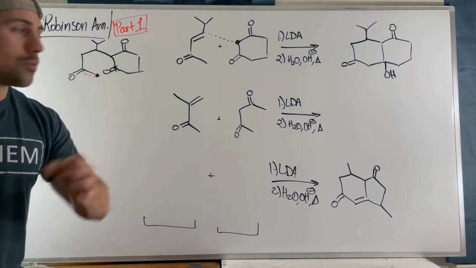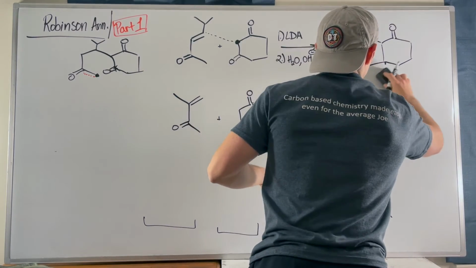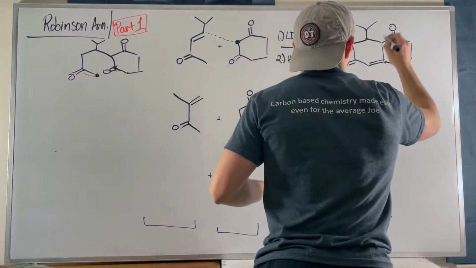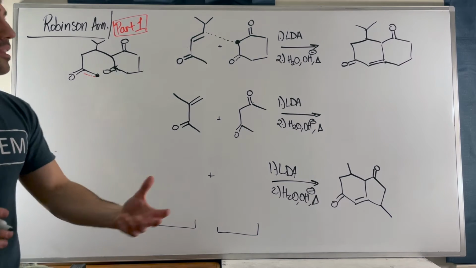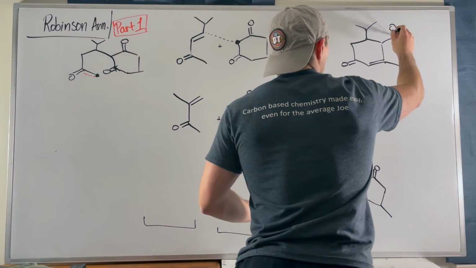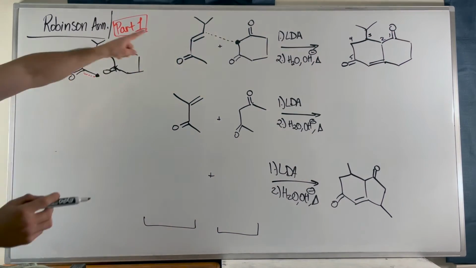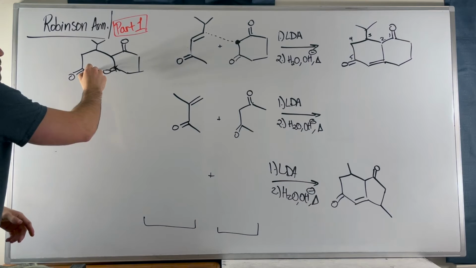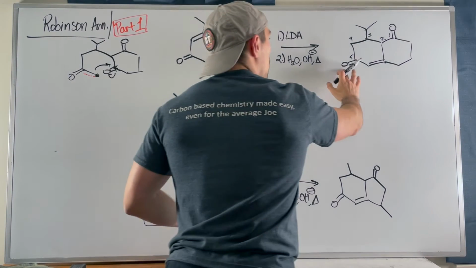But remember, we have heat here, so instead of stopping there, that leaves and we form our enone, an alpha beta unsaturated carbonyl, whatever you want to call it. Remember, you have 1, 2, 3, 4, and 5 from your Michael, this part right here, and then from this part right here, and then the driving off of that OH, that's where you get this 1, 2, 3, 4.